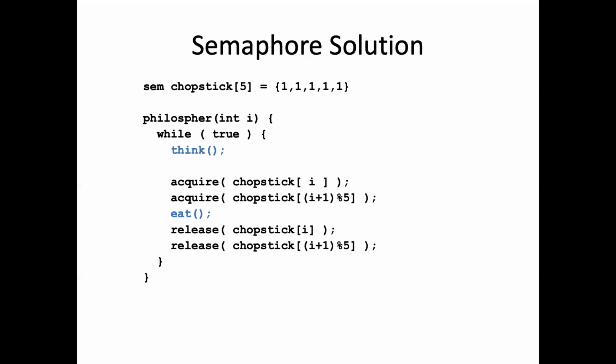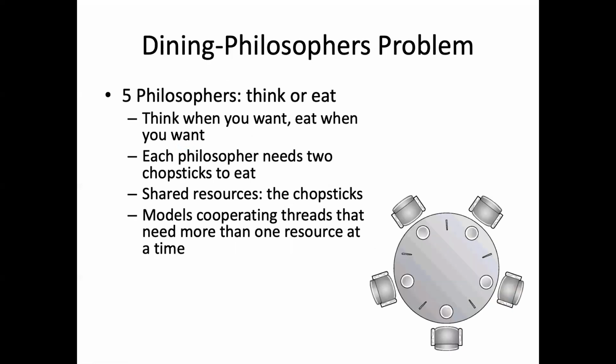Those are all things that we could think about for added concurrency. But I think the real problem, at least the one I planned for this solution, is if every philosopher picks up the chopstick on their right and then picks up the chopstick on their left. It seems unlikely, but it's possible that every philosopher could first pick up the chopstick on their right.